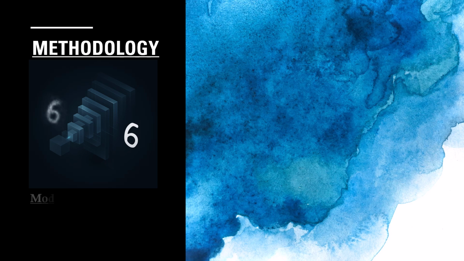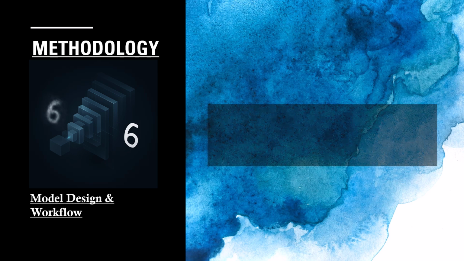So let's get to the methodology, particularly the model design and workflow, how it works. Starting with the dataset and the pre-processing tasks, the dataset I used is pretty simple and basic. I used the handwritten digits dataset, the MNIST dataset, which is basically a collection of handwritten digits in the form of 28 by 28 grayscale digit images.